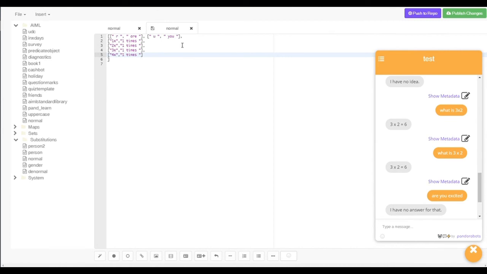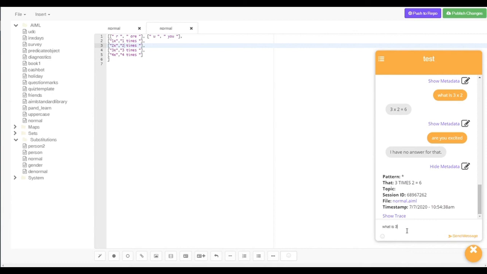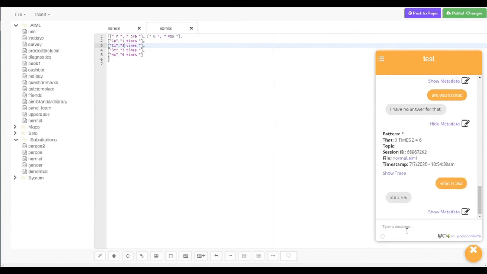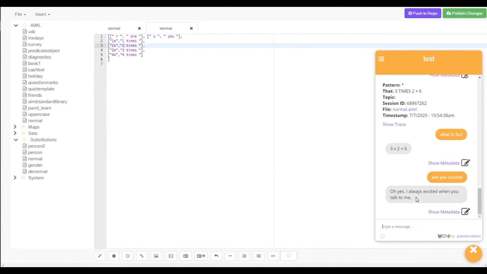Because if someone says what is whatever times X, chances are it's going to be that. Now if I say what is 3 times 2, that works. And hopefully it should also work for, are you excited? It picks it up like that. That's a nice easy way to do that.